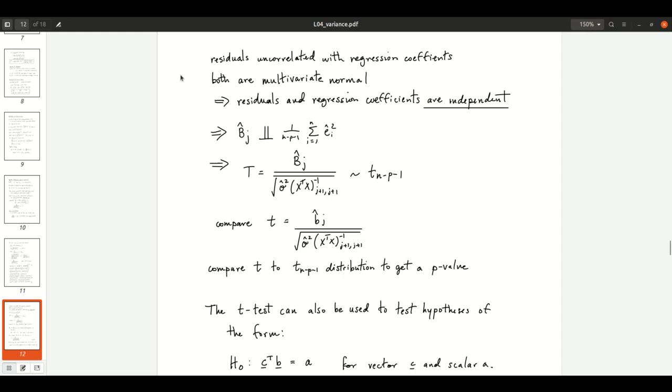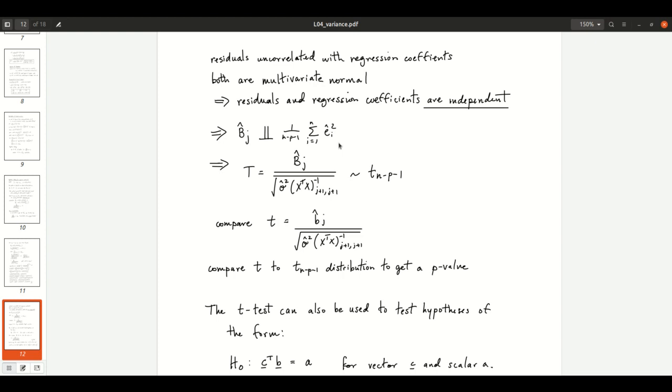Both are multivariate normal. Therefore, uncorrelated implies independent. And if two things are independent, then any function of them are independent as well. So b hat j is independent of this function of the residuals, and this is precisely sigma hat squared.